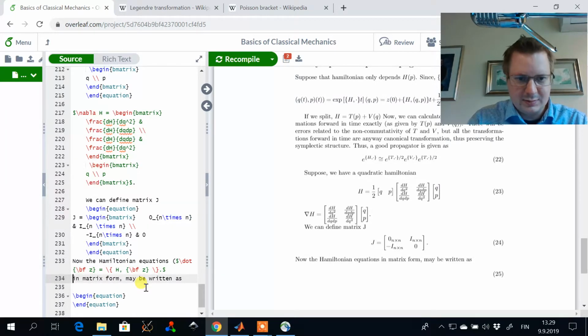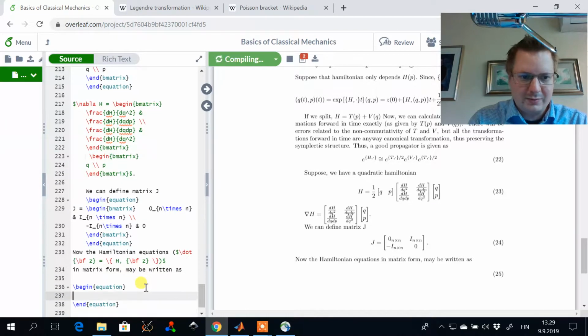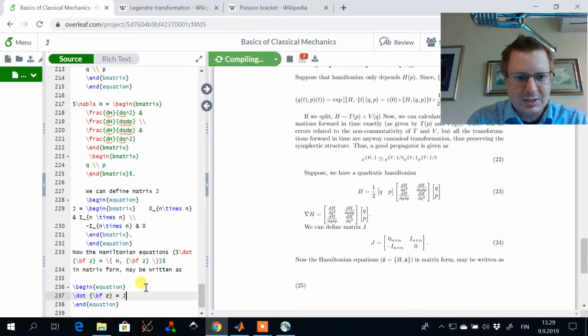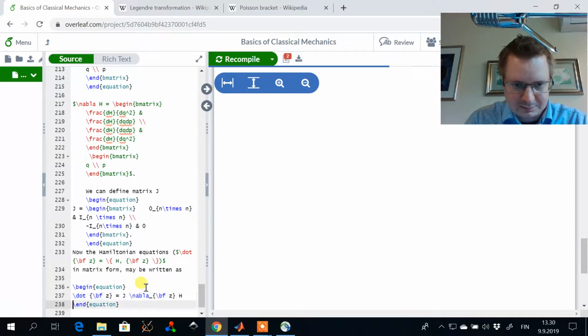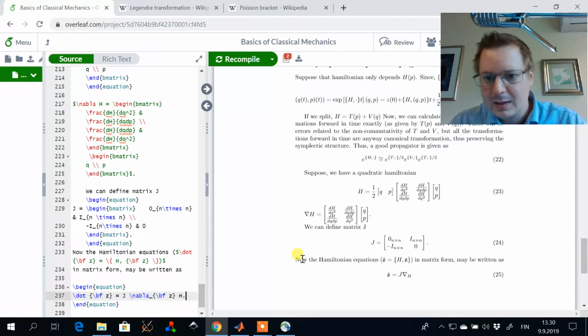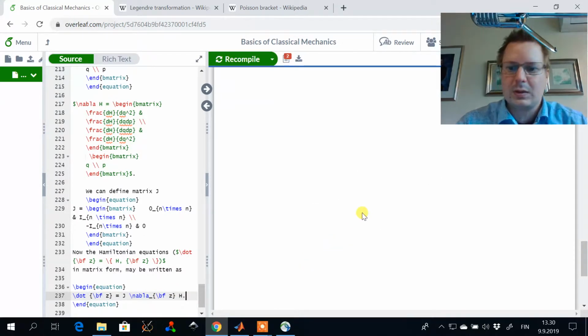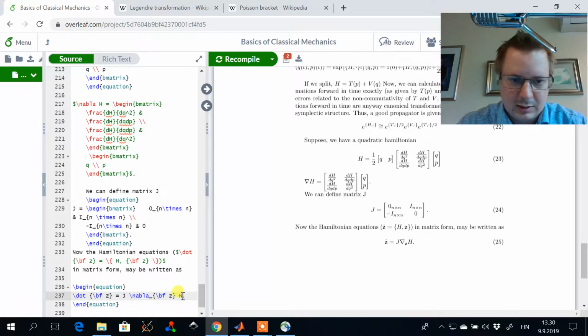So that was the Hamiltonian equation, and in matrix form we may write it now as dot z. Now z is a row vector, equals to the J times nabla of h with respect to z. Like so.